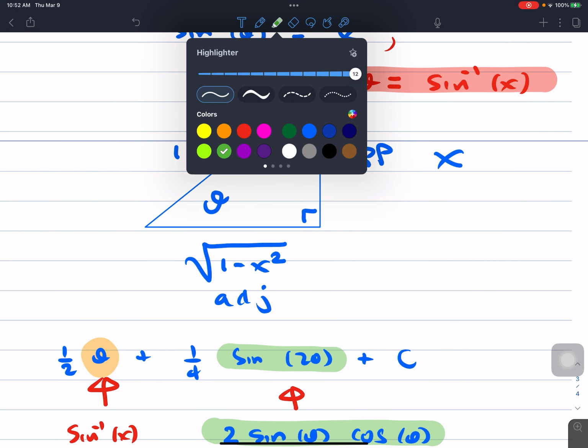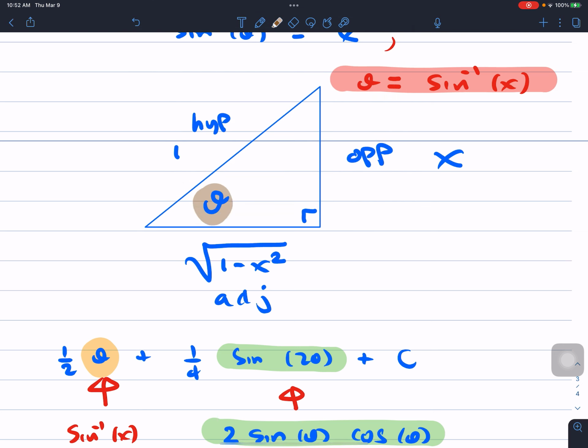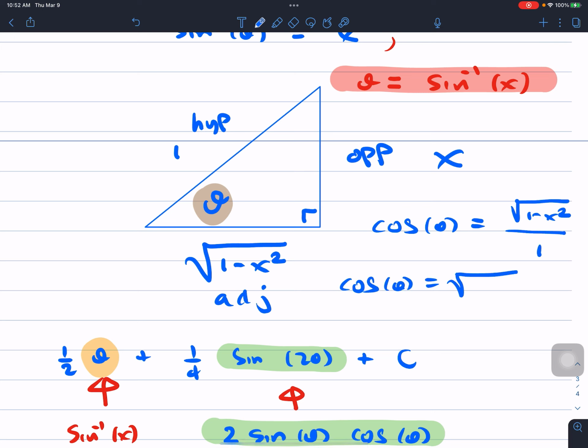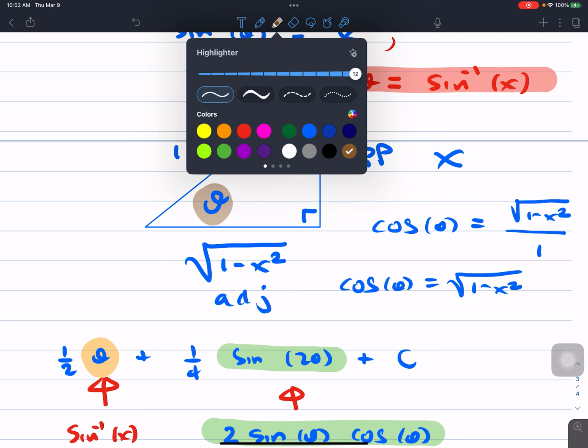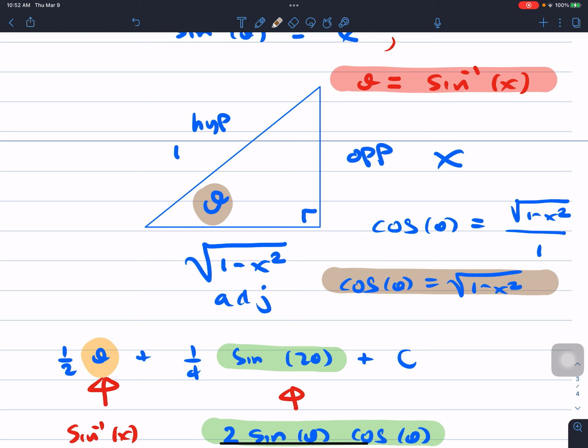Here's my theta. You're going to deduce it. What's cosine theta? Adjacent over hypotenuse. Good. So cosine theta is the square root of 1 minus x squared. So ladies and gentlemen, that's cosine theta.